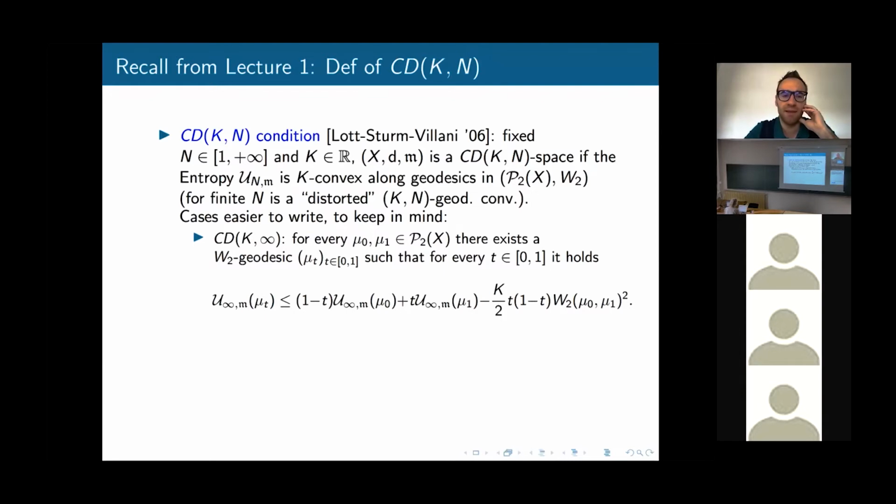So it needs a little more technicality, and it is more subtle, but you can do it. So for Ricci equal to K, you have the lower bound, and you characterize the upper bound as concavity of the entropy, but just along very special measures. This is the optimal transport approach.